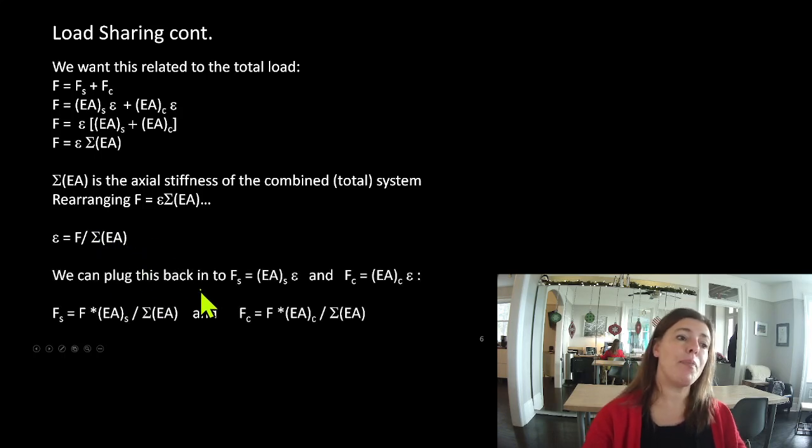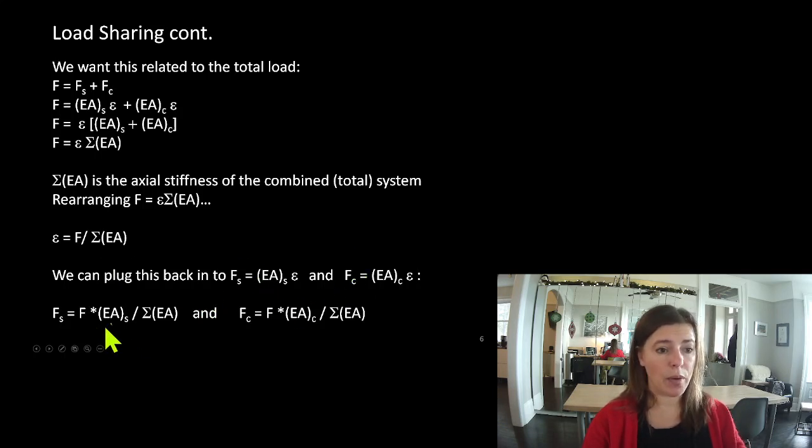We can plug this back into our steel and concrete breakout, and we can see that the force in the steel is the total force times EA steel divided by the sum of all the EAs. Basically, this is the ratio of stiffness for the steel times the total force, and this is the ratio of the stiffness for the concrete times the total force.